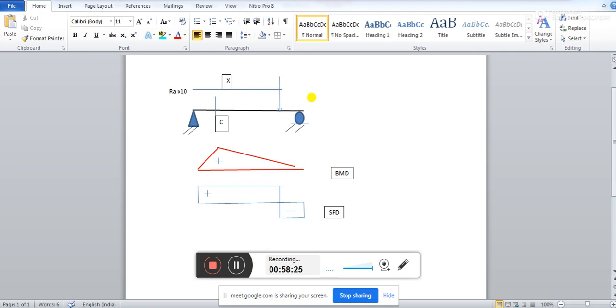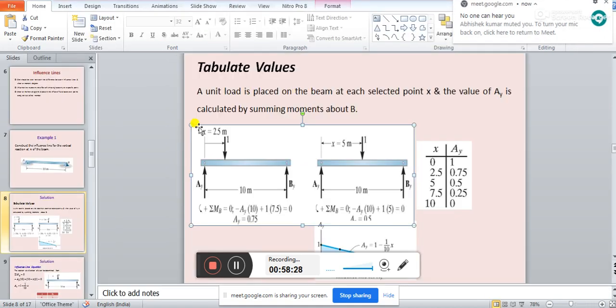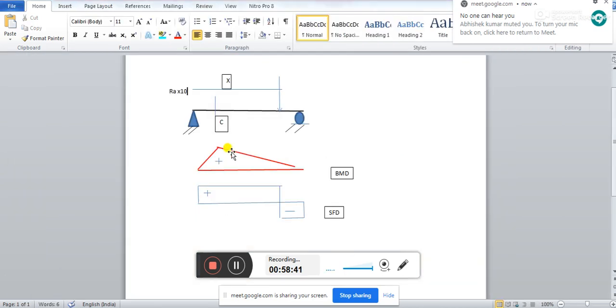Then what will happen? RA into 10 and 1. Here it is 1, right? Load is where? Load is over here.